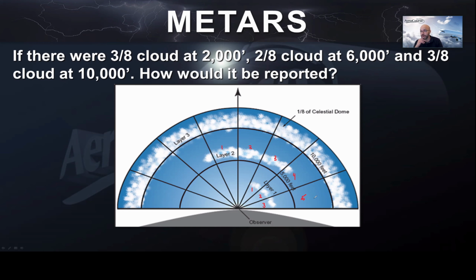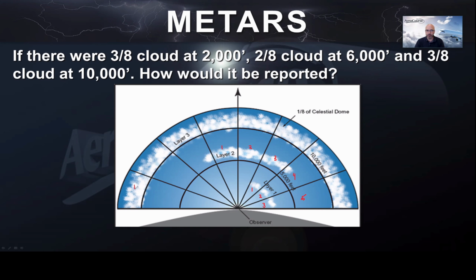And what's that then? It's not scattered anymore. Broken. Exactly. So despite the fact that it's actually a scattered layer, because it's based on a summation, the system that looks up at the clouds is going to assume that there might be clouds hiding behind the lower layer. So now it's reported as a broken layer.